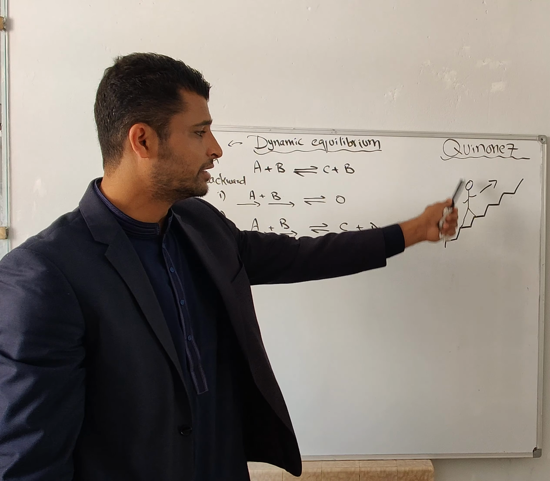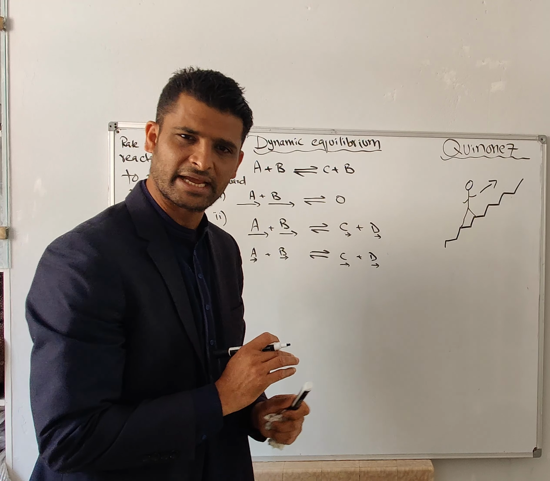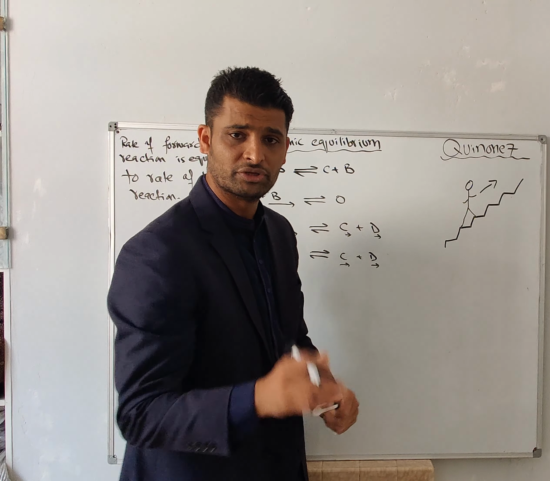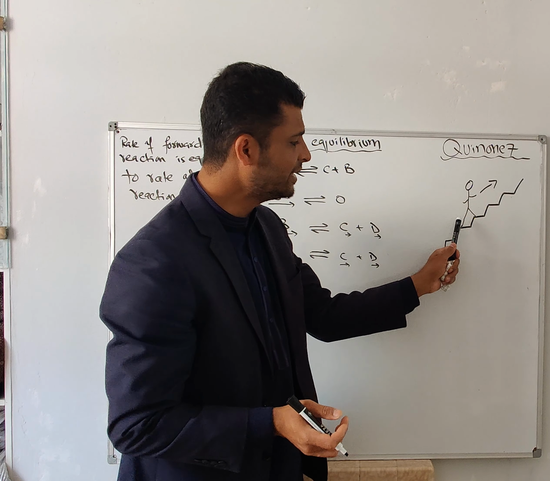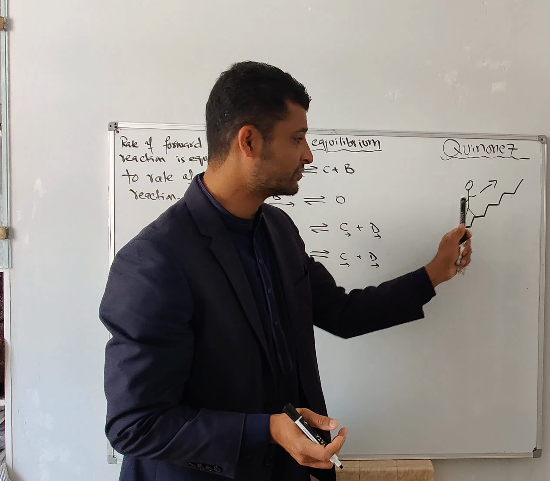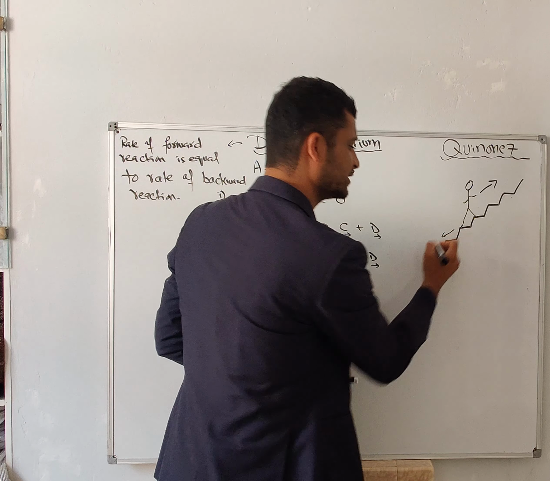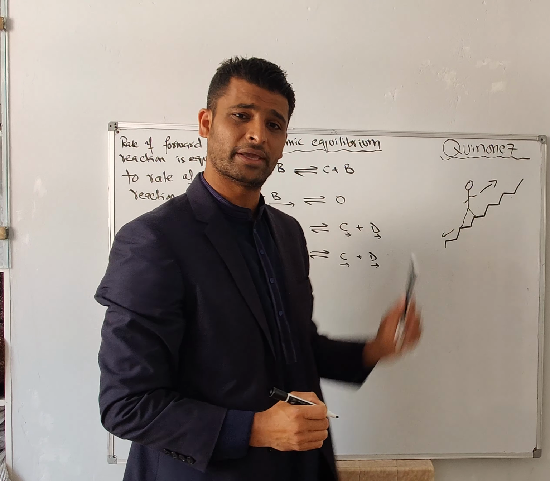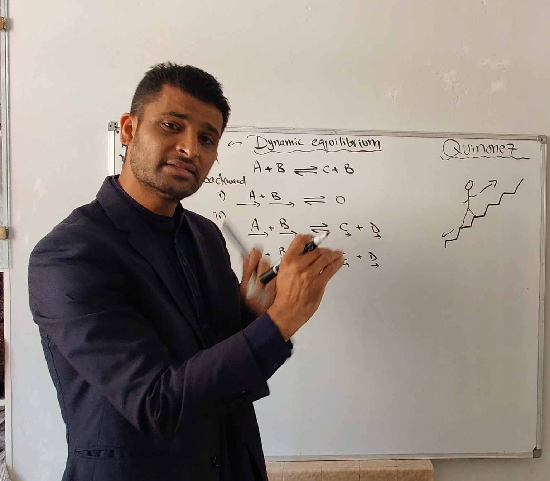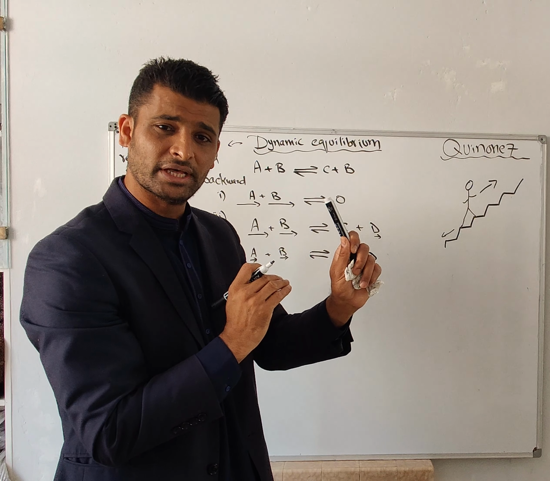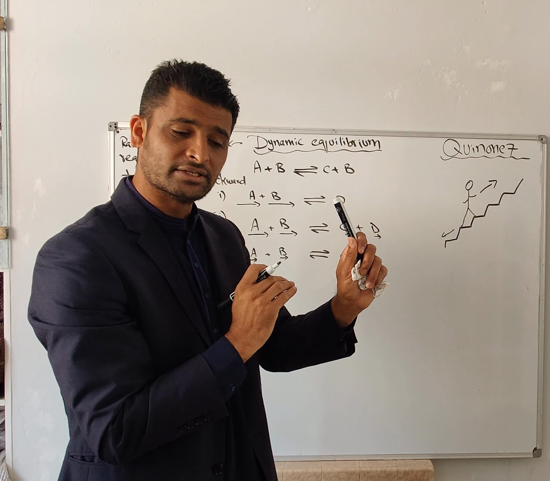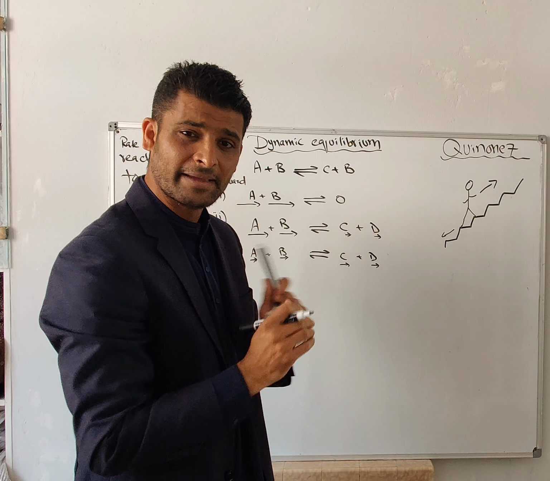You're not going to understand if I don't use this example of stairs. Imagine this young man here is running onto the stairs, like when you go shopping. If he is running faster than the stairs, he can climb up. If the stairs are going this way and he is going that way, and their speeds match each other, he's not going to travel any distance. He's just going to stay in the same position.